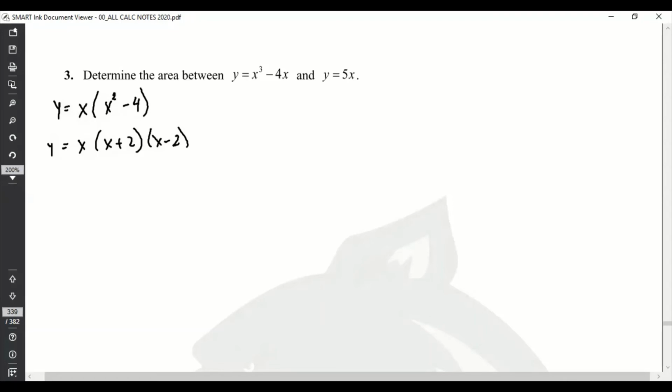And it ends up being a cubic polynomial that has zeros at -2 and +2, and 0.